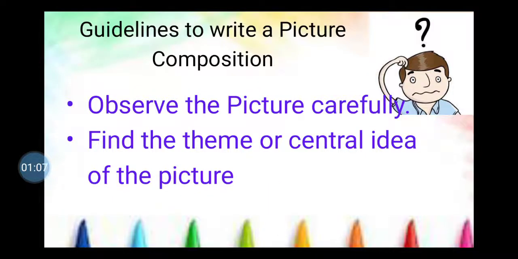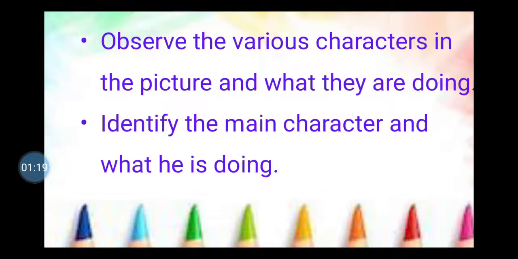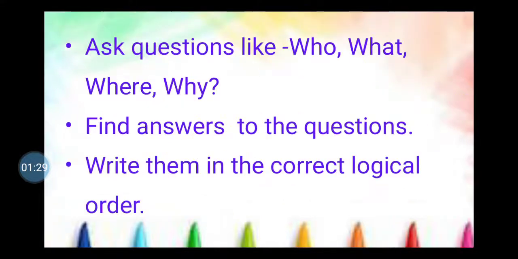Now let us see what the guidelines are to write a picture composition. Okay, let's see. Observe the picture carefully. Find the theme or central idea of the picture. Observe the various characters in the picture and what they are doing. Identify the main character and what he or she is doing.